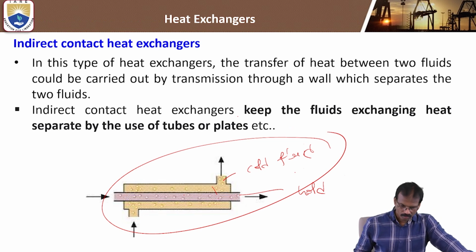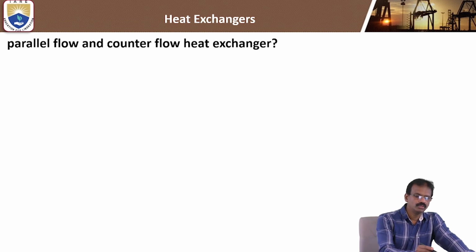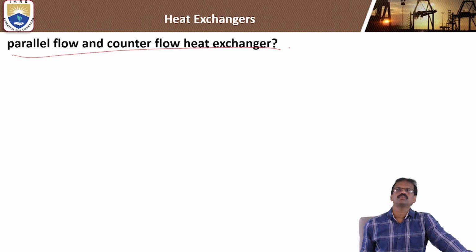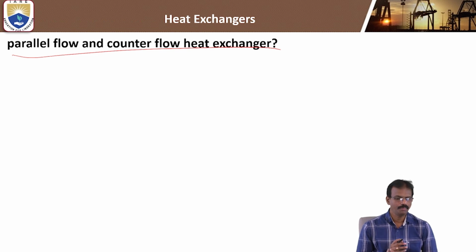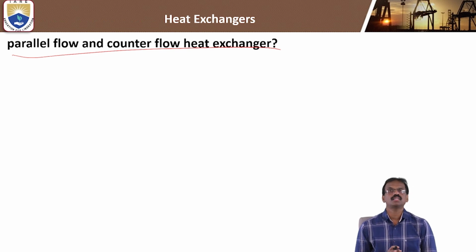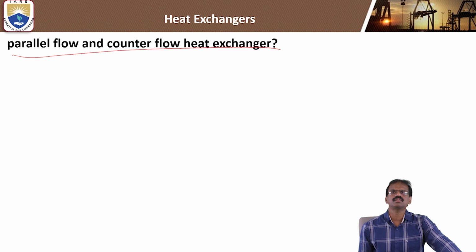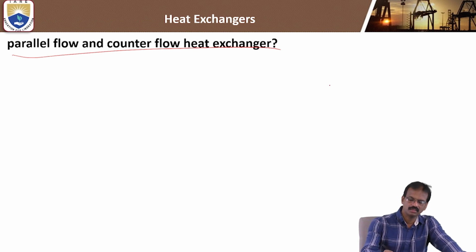Now we'll see, based upon the flow directions, there are three types of heat exchangers. One is the parallel flow heat exchanger, second one is the counter flow heat exchanger, and third one is the cross flow heat exchanger. These types of heat exchangers are very important and very familiar.